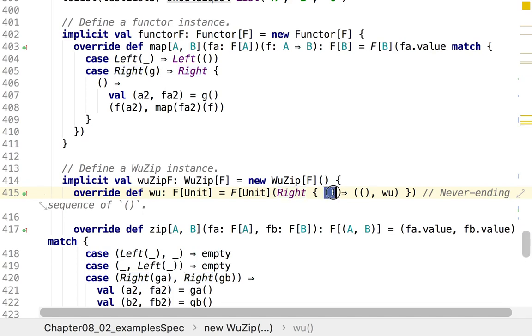Because the list is lazy, it doesn't actually evaluate infinitely many elements. But if you request a next element, if you evaluate this function, then you would get again the same function that would generate the rest of the list. So the rest of the list is exactly the same as the list itself. And so, in other words, it's a never-ending sequence.